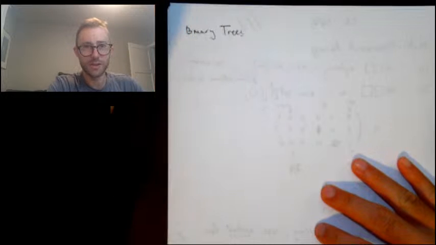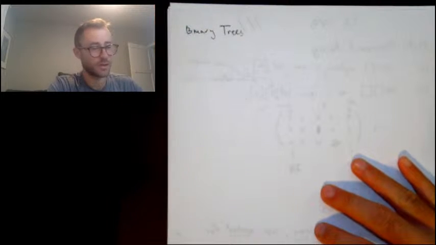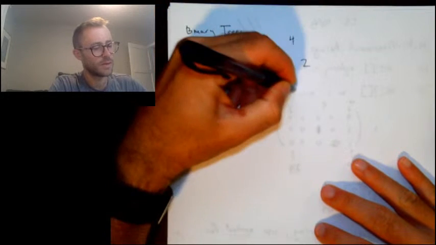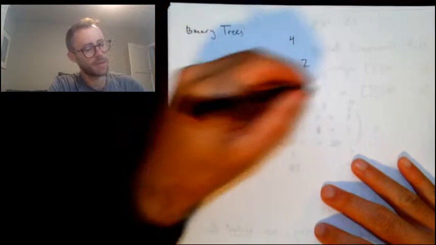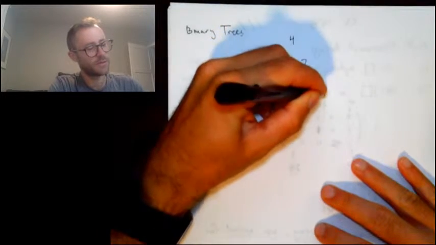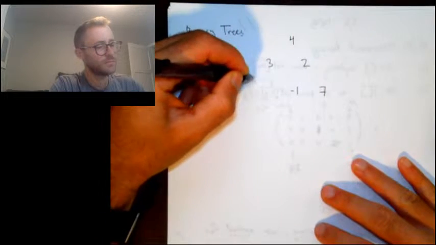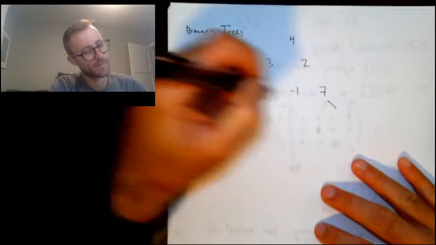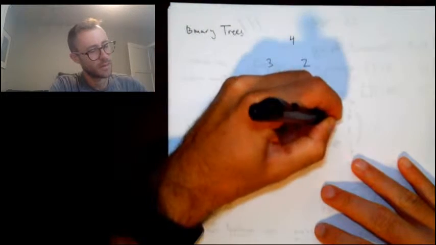A binary tree is essentially a tree of objects. So maybe it's 4, 3, 2, -1, 7, -5.